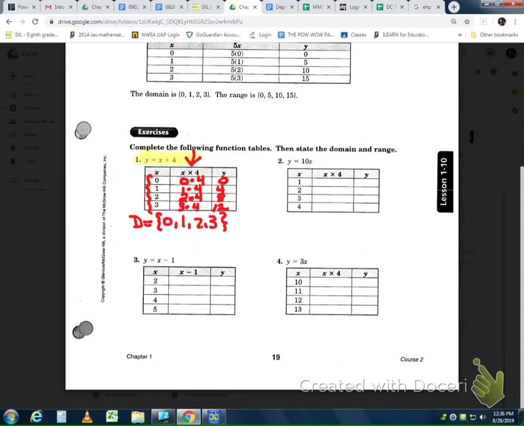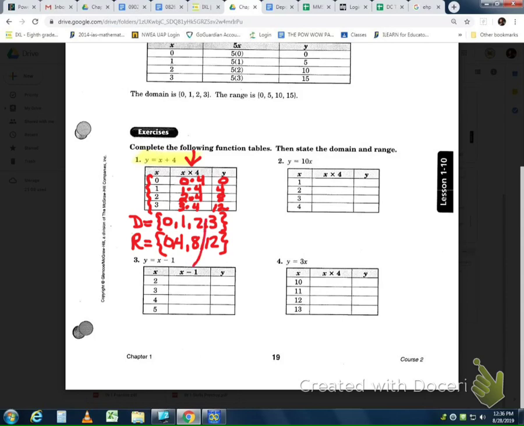That's the domain. And then, Trent, we had the range. So which ones are those? 4, 5, 6, and 7. Yes. The domain are the set of the x's, and the range are the set of the y's.